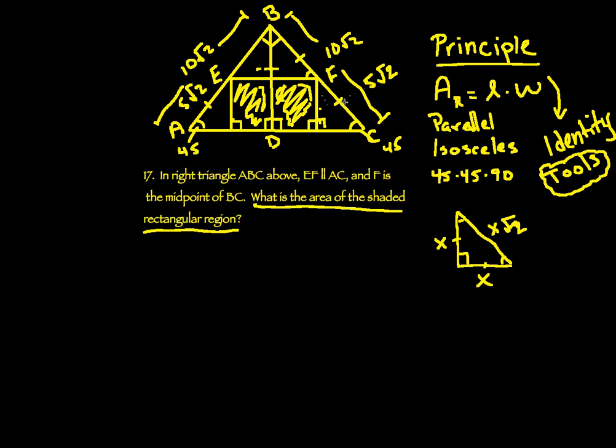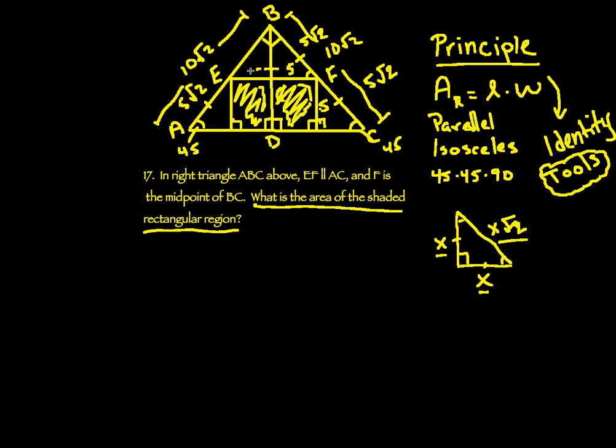And if that side's 5 radical 2, then we know that that side has to be 5. That is 5, 5, 5 radical 2, again corresponding to x, x, x radical 2. So if that side's 5, and this is also a 45, 45, 90 triangle with the hypotenuse being equal to 5 radical 2, then this side also must be equal to 5.